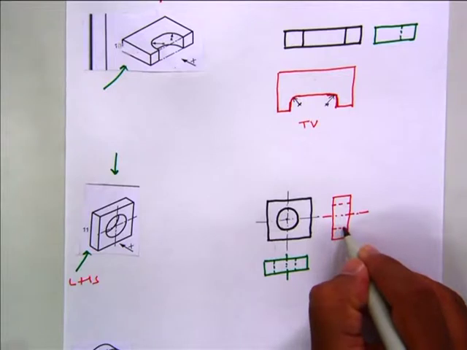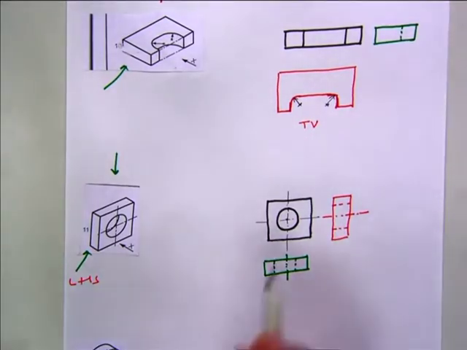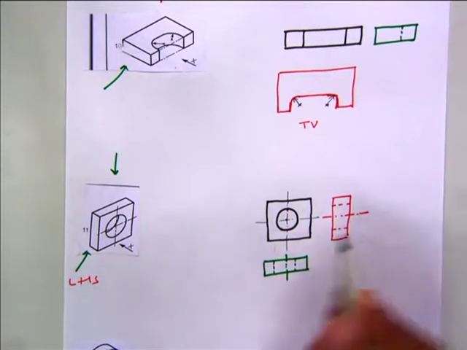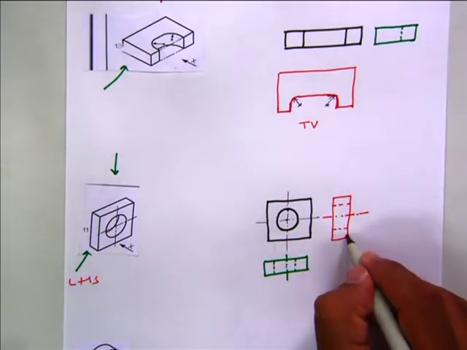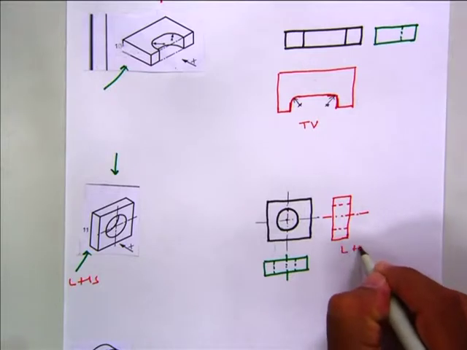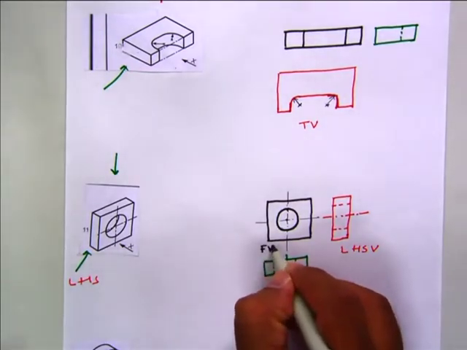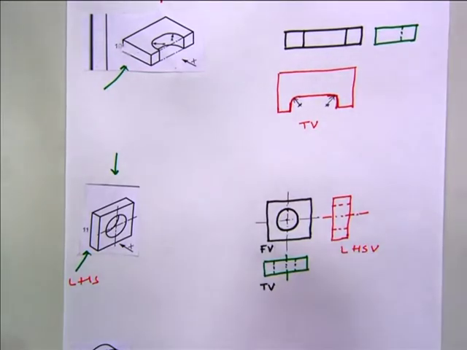Again, the hole you cannot see, so draw the dotted line. You have to mark this and over here. This is dotted line. This is your left hand side view. This is your front view. This is your top view.